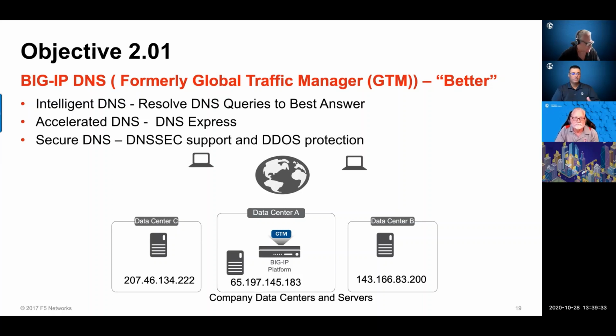Yeah, and I'm going to show you an example here of the global load balancing feature of it, and that's what a lot of people know us for with this product. But we can do so many things. So here's an example. I'm a user, and I type in my web browser www.f5.com. It's going to go out to my DNS database, either pointing to my local DNS or going out to the internet.